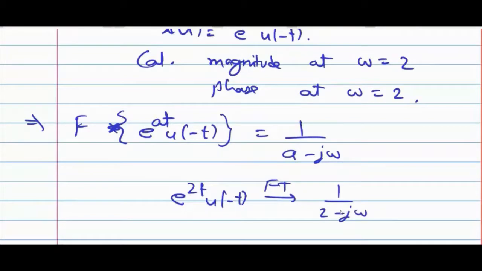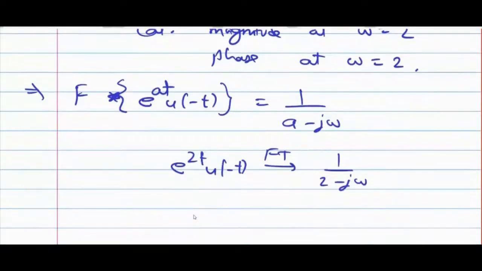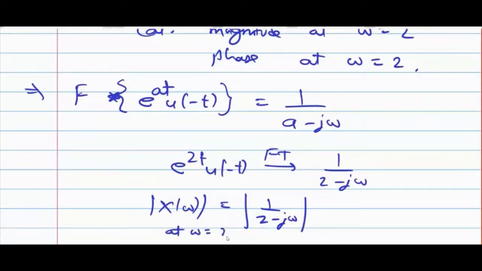Now we need to calculate magnitude at omega equal to 2. So magnitude of X of omega will be the magnitude of 1 upon 2 minus j omega. Now we have to calculate at omega equal to 2.